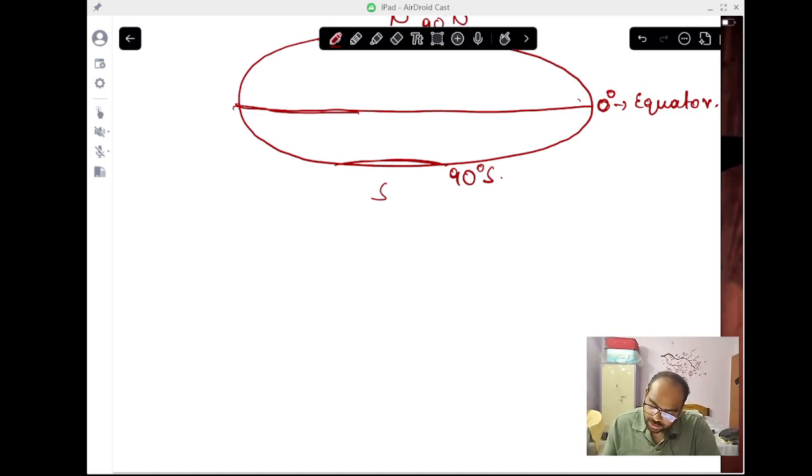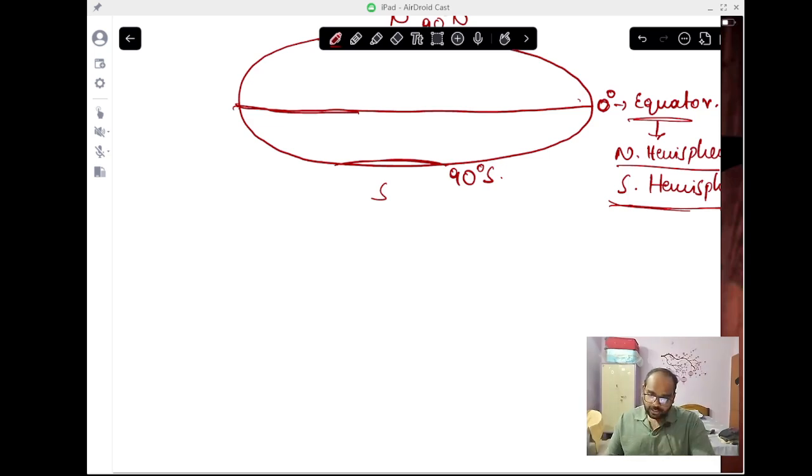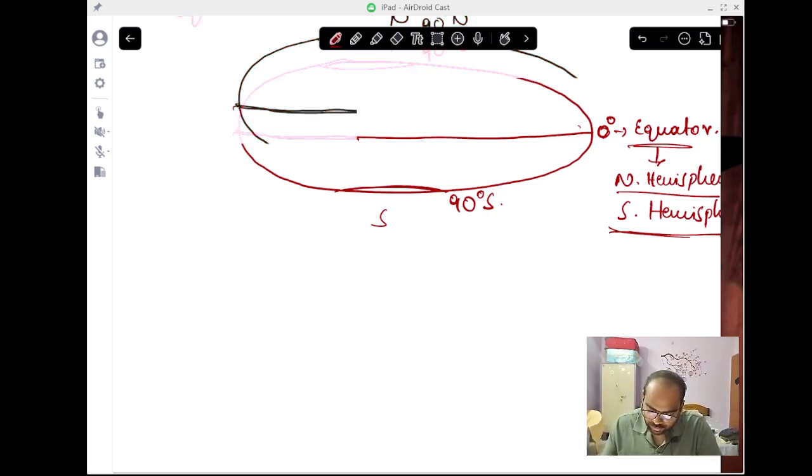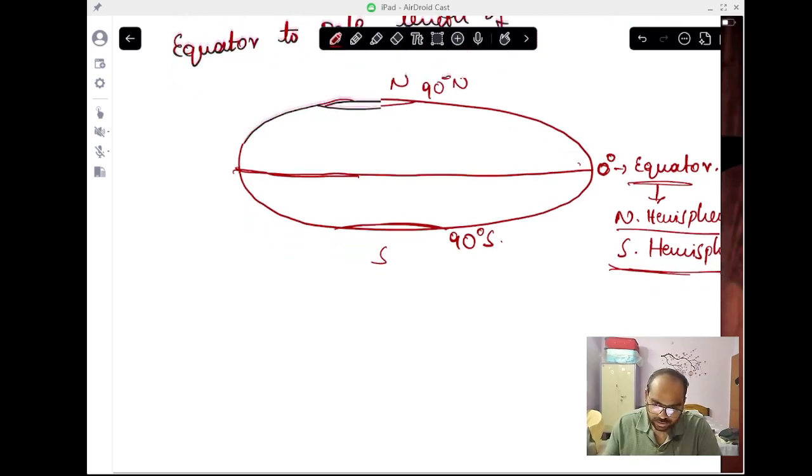Equator is very important because it divides Earth into two halves. Northern half, that is called the northern hemisphere, and a southern half called the southern hemisphere. And yeah, there are other latitudes apart from equator, north and south pole.